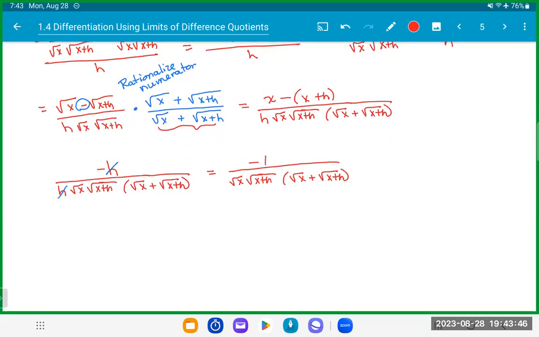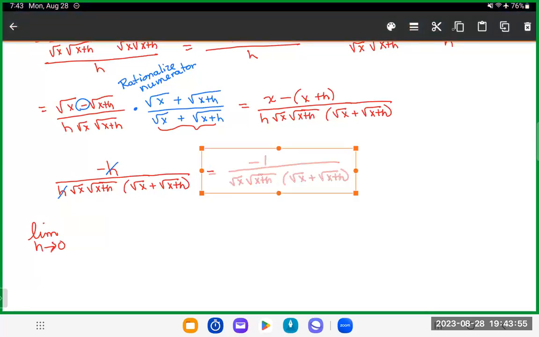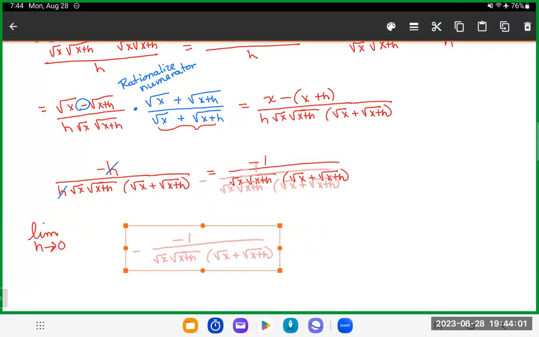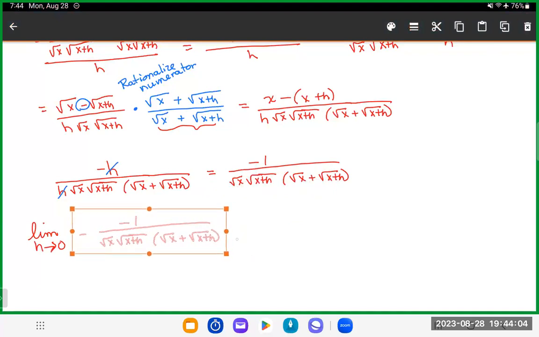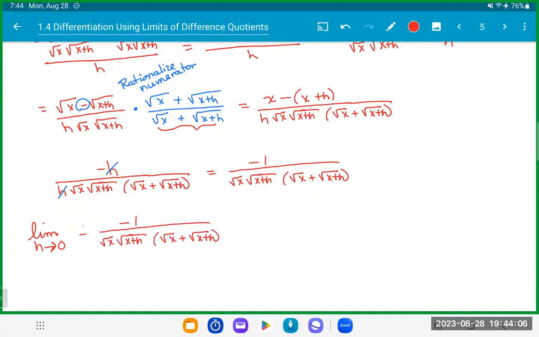So now we have to take the limit of that. The limit as h approaches 0 of all of this, okay, of all of that is going to be, we plug in a 0 for all of the h's.